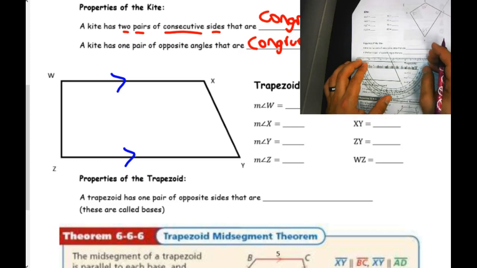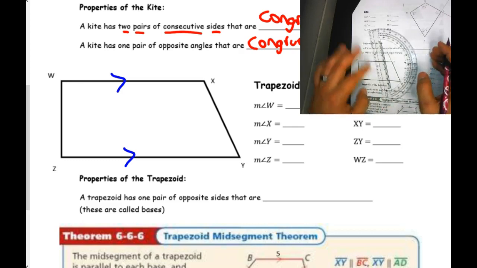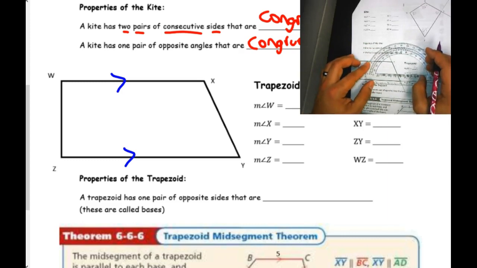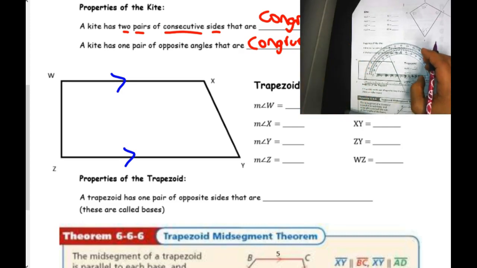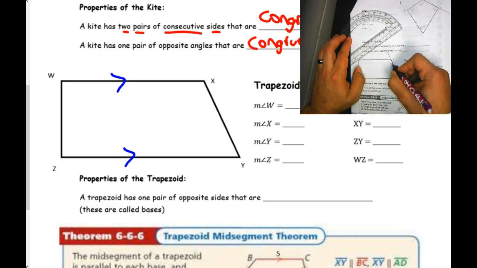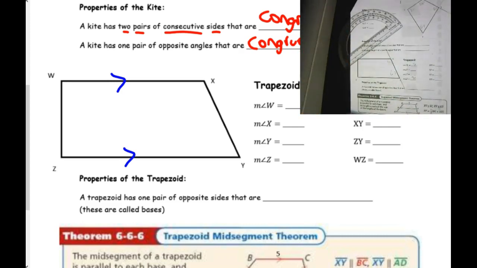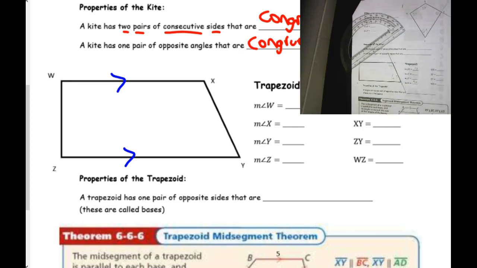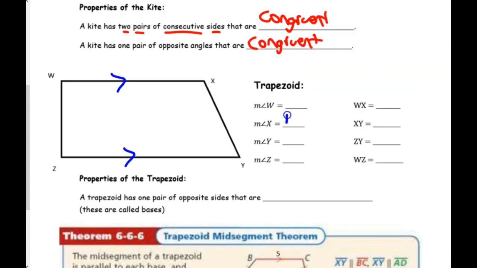So that's about 115. Then Y is about 65. All right. So let's write that down. And then WX is about 2 7/8.